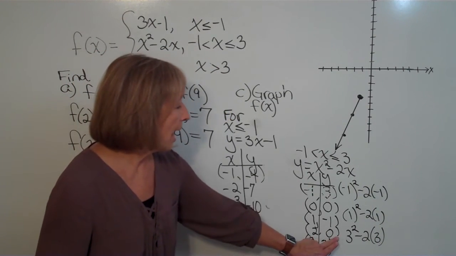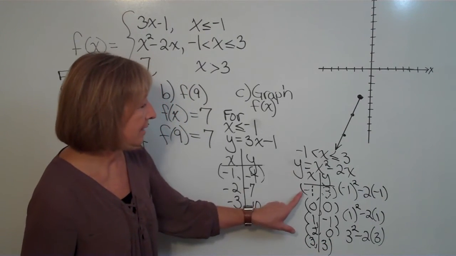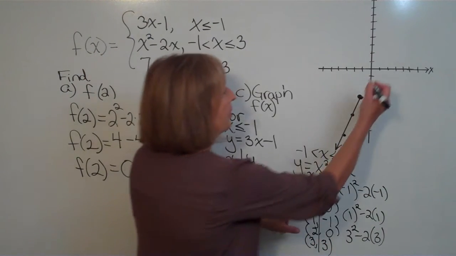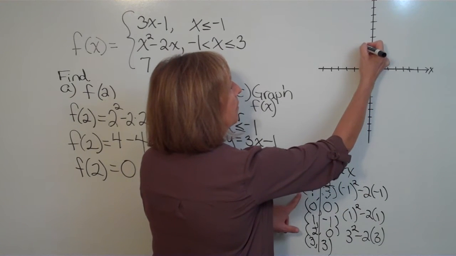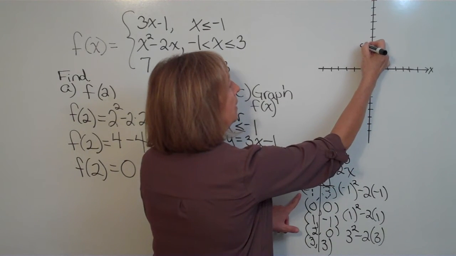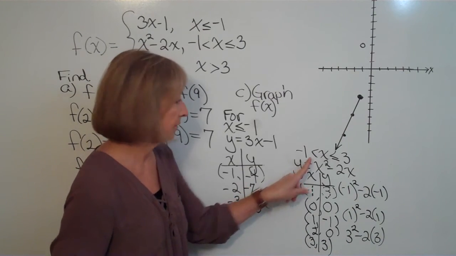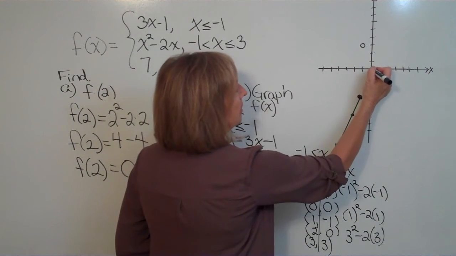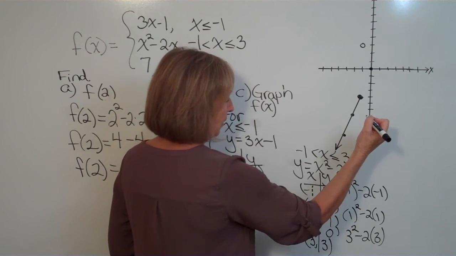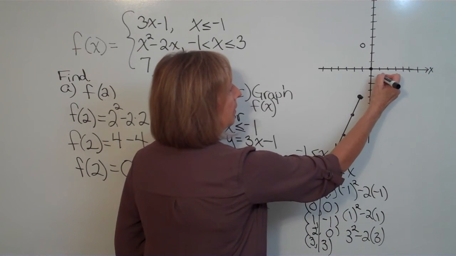So now we'll go ahead and graph these dots. So at -1 comma 3, at left 1 up 3, I'm going to have an open circle. And again, it's because it didn't have the or equal. And then we have our 0, 0. We have 1, -1.